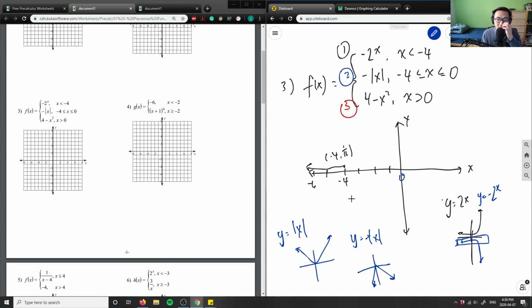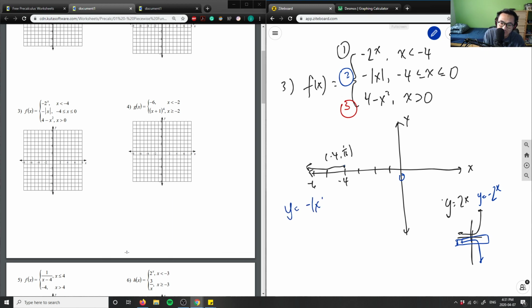So let's plug in our point to see where we start off. Let me erase this. Let's recall what kind of function you're going to get. If x is at -4, what value of y will I get? So y equals negative absolute value of x, and we're plugging in x equals -4.